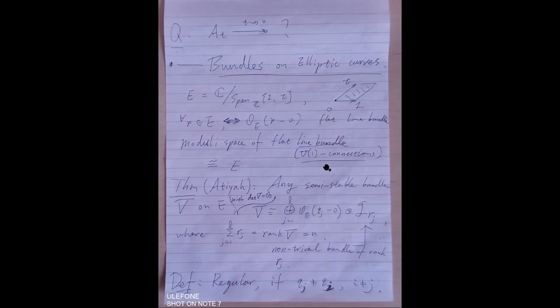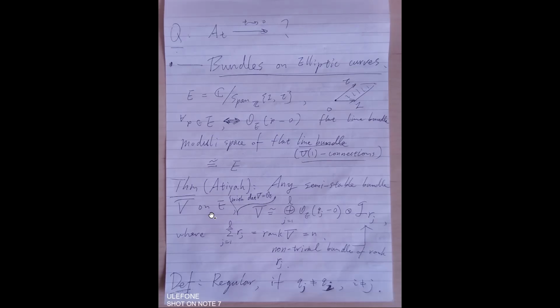Then let's recall a theorem by Atiyah. This theorem is about higher rank bundles. For any semi-stable bundle V on this E, let's assume the determinant bundle is trivial.